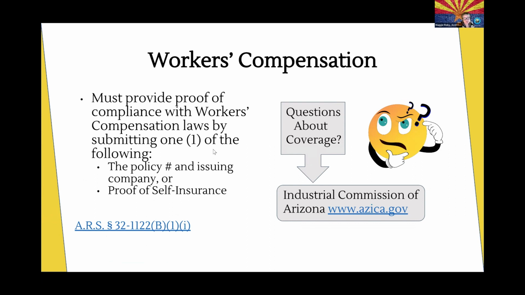There is an exemption to workers' comp if you are a single or 50-50 two-member owned company, then you have no employees, and you would be considered exempt. But you will see that exemption option on your application. So you would need to attest to either being exempt or having the policy information.